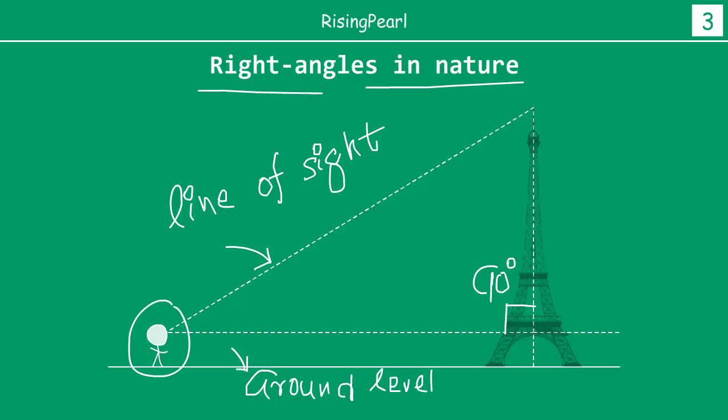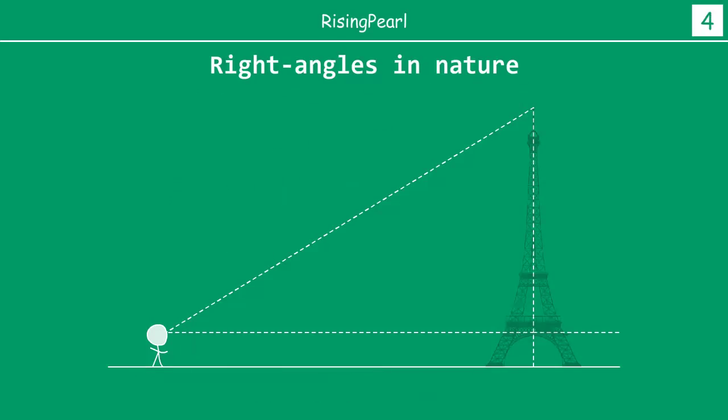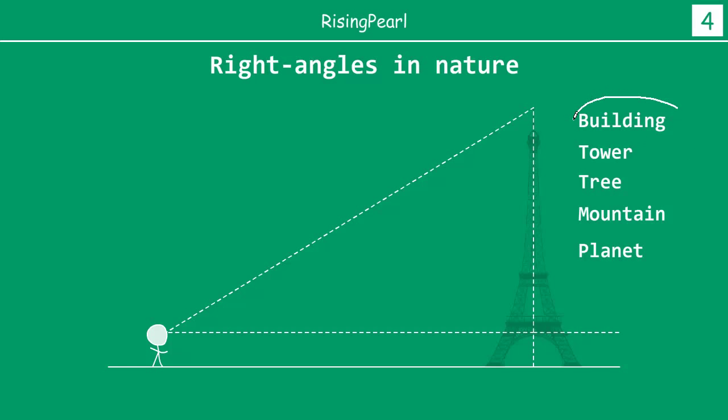So friends, let's just take a look at it one more time. It is not just the tower. Imagine any building, any tower, a tree, a mountain, and as a matter of fact, even planets and stars or galaxies.